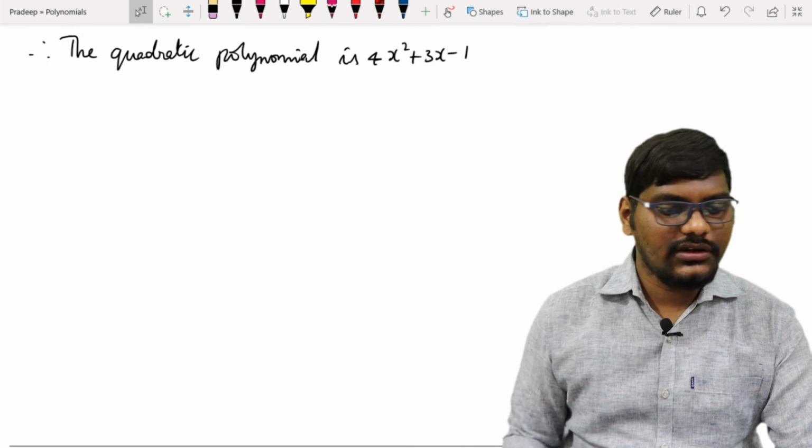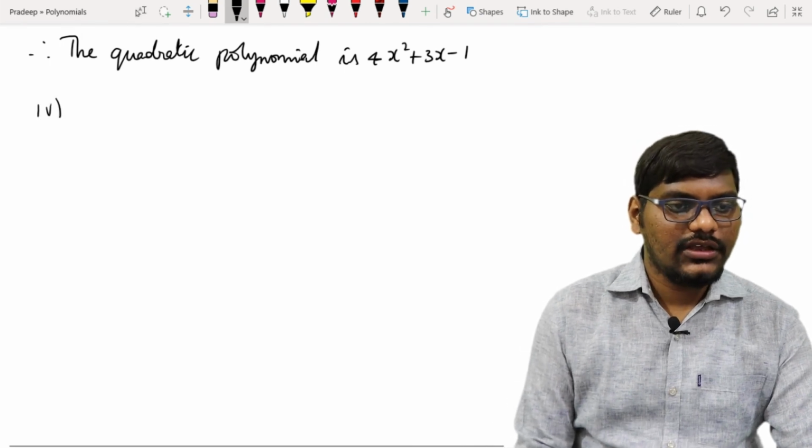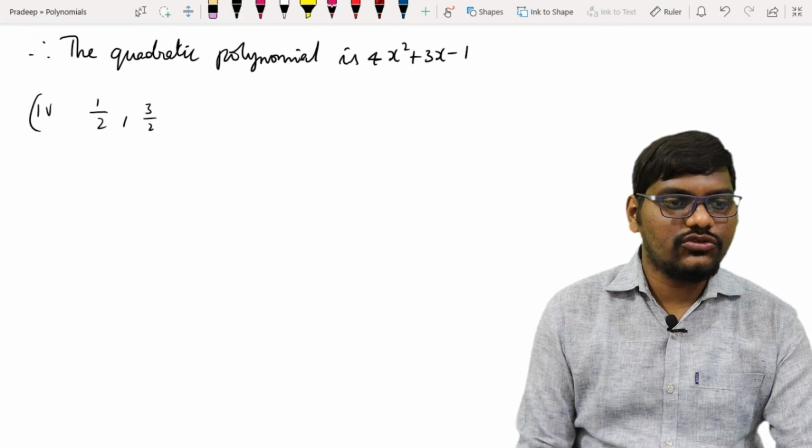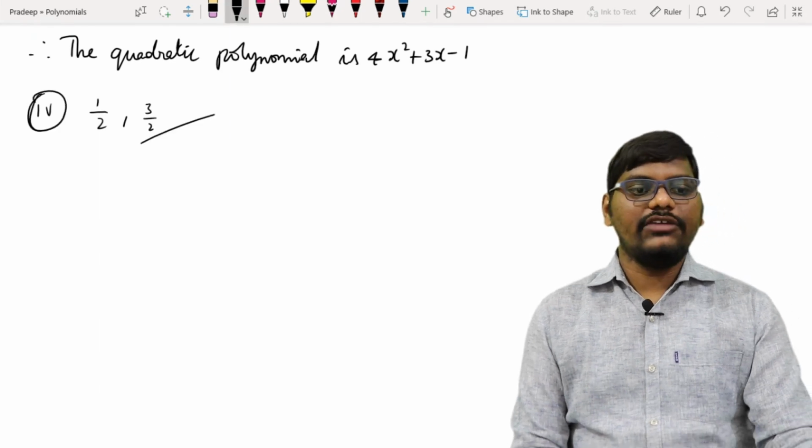So the next one, that is the fourth one, 1 by 2 and 3 by 2. These are the two zeros of the polynomial given.